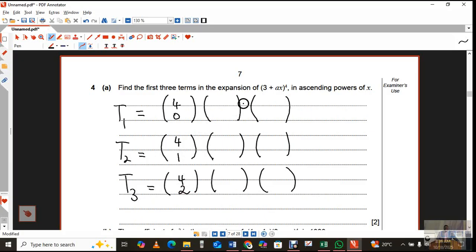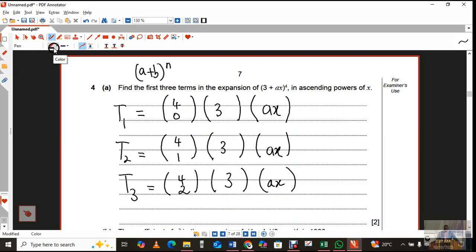This is the value of a, which happens to remain 3, 3, and 3. This is the value of b, so I'm talking about the (a + b) to the power n. That's what I'm referring to, okay? So the value of b happens to be ax, ax, and ax.